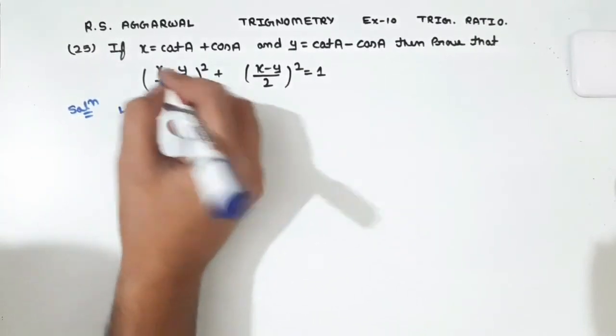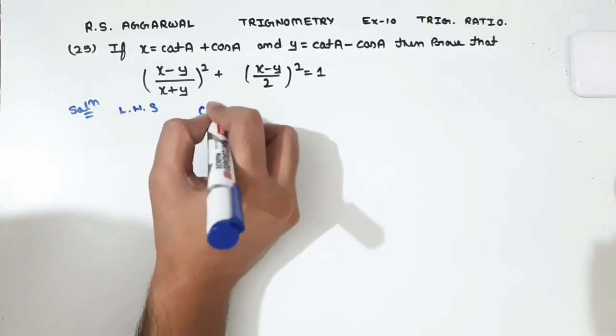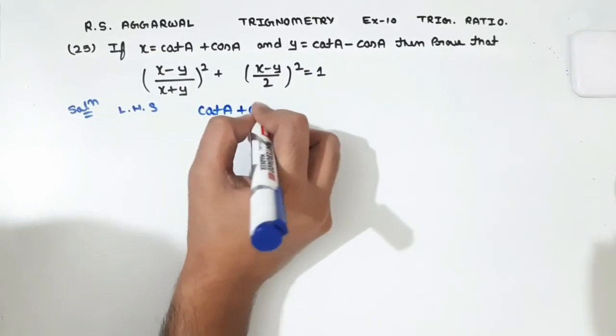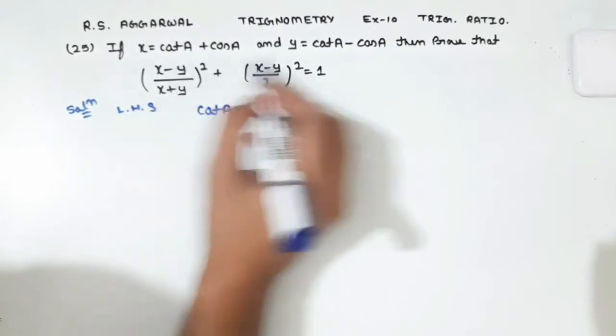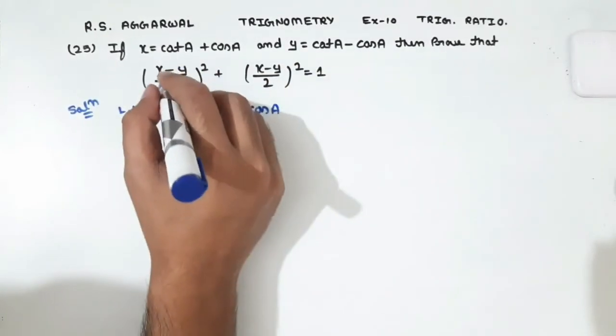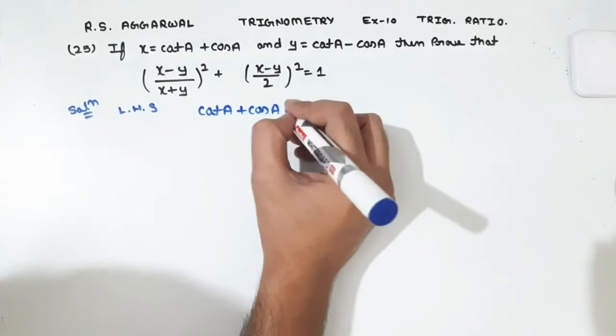So from left hand side, x is cot a plus cos a and y is cot a minus cos a, because here is a minus sign, so the sign will be changed.